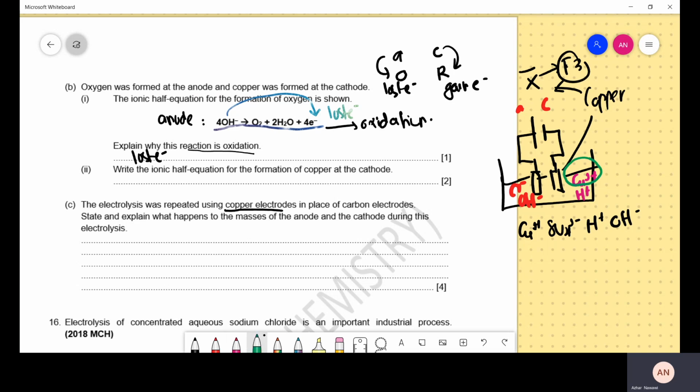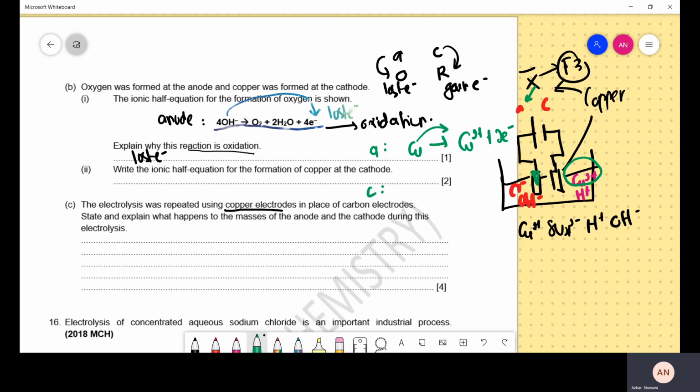For factor 3 at the anode, the electrode becomes thinner. Because the electrode is copper, it becomes Cu2+ by donating 2 electrons, from solid to aqueous, so it becomes thinner.